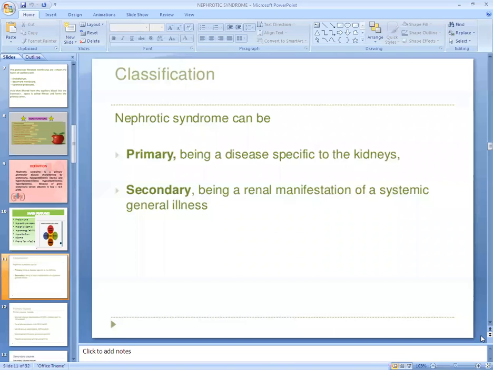Secondary means secondary to systemic diseases, other systemic diseases damaging your kidney and causing nephrotic syndrome. Then it is called secondary nephrotic syndrome. Being a renal manifestation of systemic illnesses, for example an autoimmune disease or diabetes damaging your kidney, results in nephrotic syndrome. So primary and secondary, that is the classification of nephrotic syndrome.